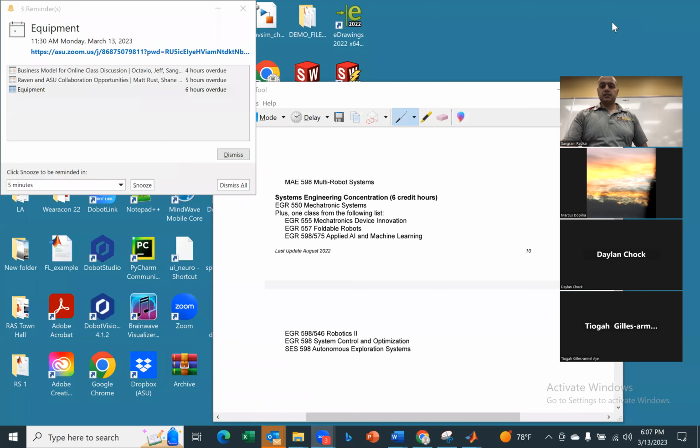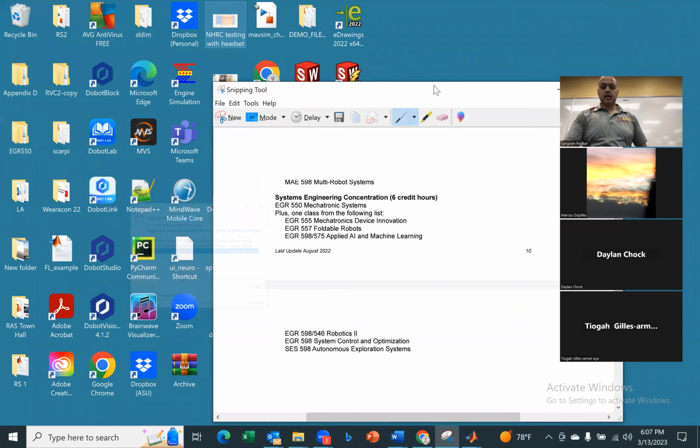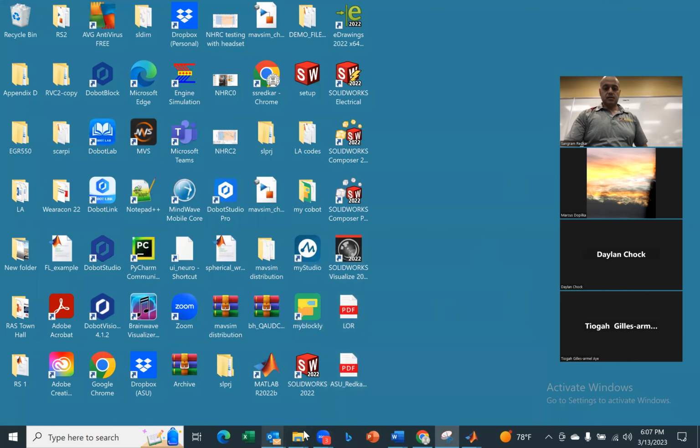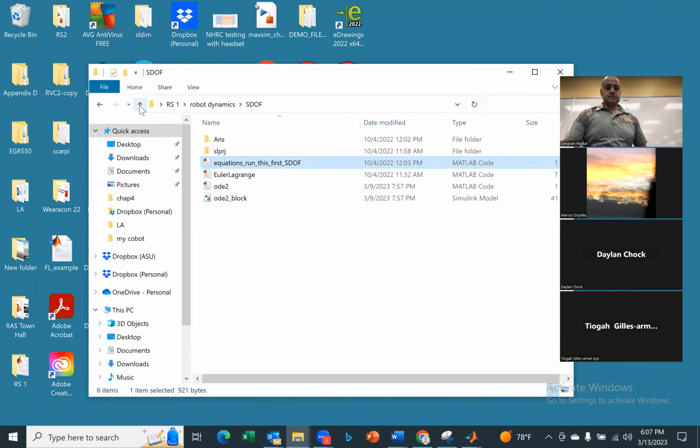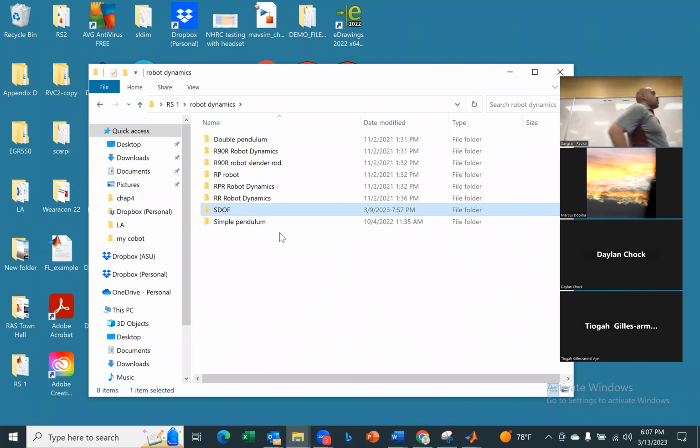Once you expand it, you will observe that this folder has something like this. You would basically see SDOF, you would see simple pendulum, you would see double pendulum, you would see RR robot dynamics, you would see RP robot dynamics, then you will see all other robot dynamics problems.